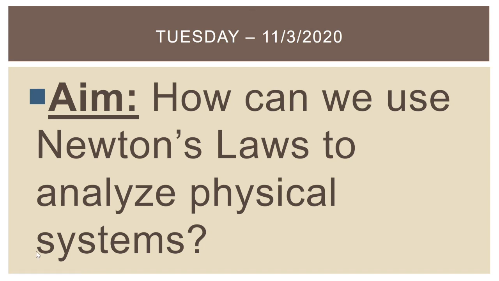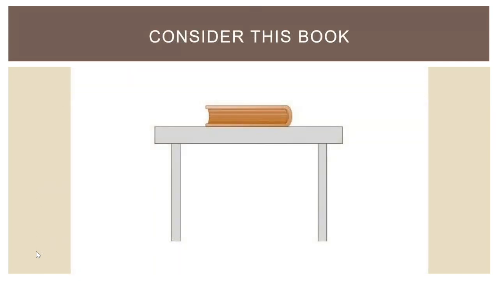Now, the last thing we talked about before we wrapped up yesterday's video was the normal force. We said that when an object sits on a surface, like this book sits on this table, the book has a downward force of gravity acting on it. But of course, the book doesn't accelerate downward through the table because the table is there.